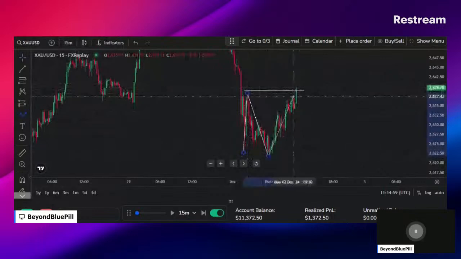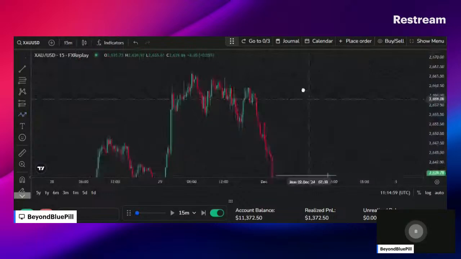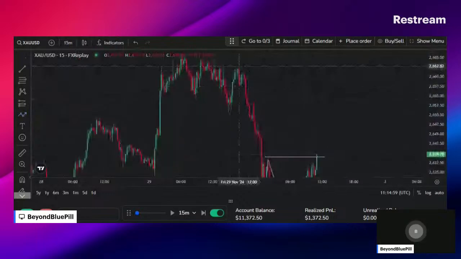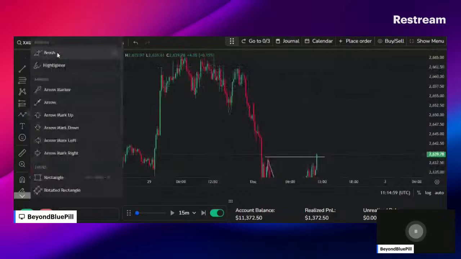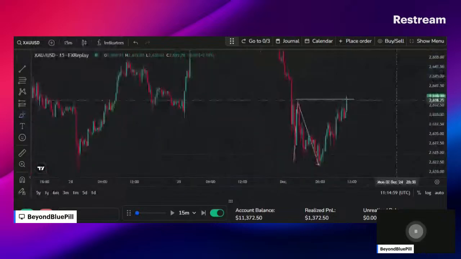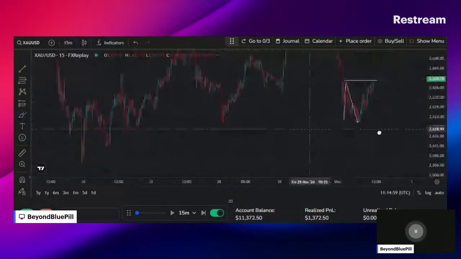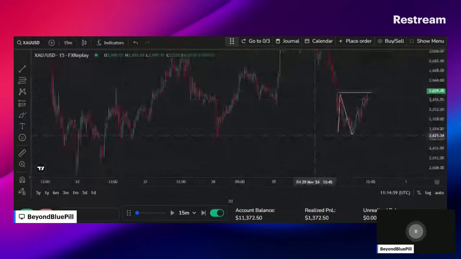Now, that doesn't mean we're going higher because the protected low is still here somewhere, right here. At the 15 minute, we have our protected low here. I mean, it seems like we are trading lower though, and our overall objective was to trade below that.